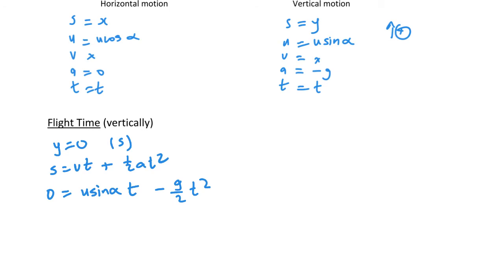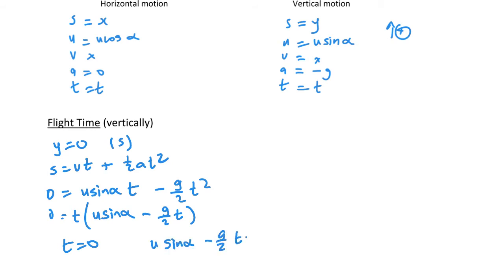To find the length of time, we'll factorise out a t, and we'll have t times (u sine alpha minus g over 2 t). So that means that t is going to equal 0. That's the first factor, and that makes sense because initially it's at the ground. The other option would be that u sine alpha minus g over 2 t will equal 0. So then t is going to be 2 u sine alpha over g.